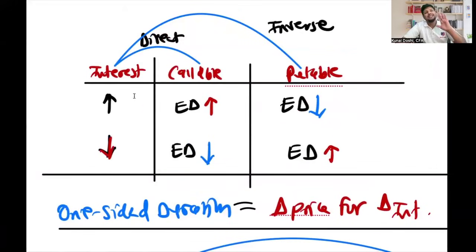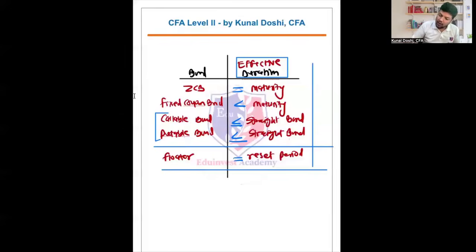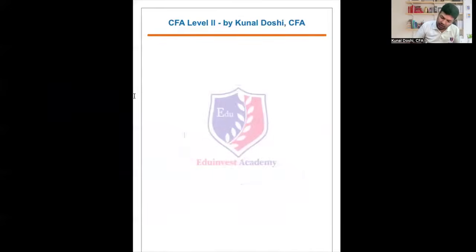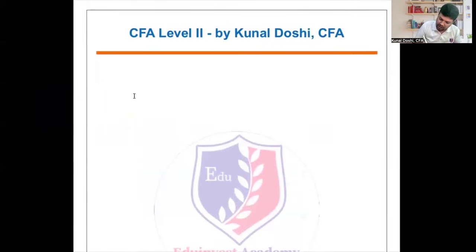When the interest rate rises, the chances of calling are lesser, but when the interest rate falls, the chances of calling are higher. So now we are looking at the key rate or one-sided duration.